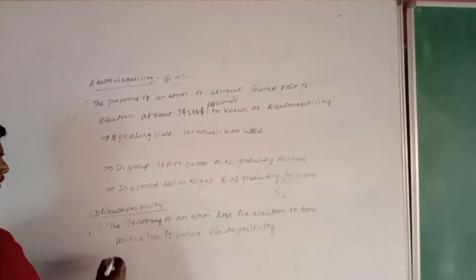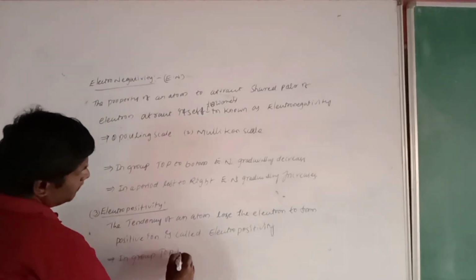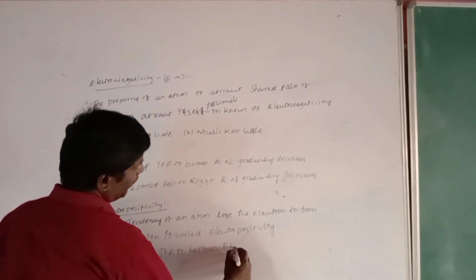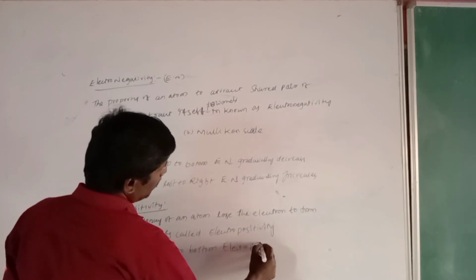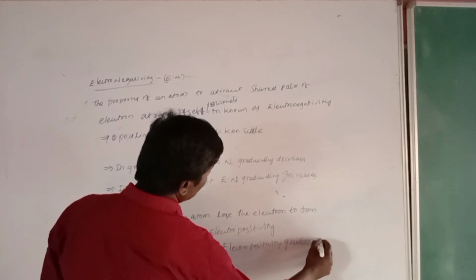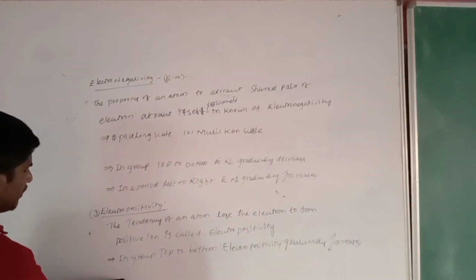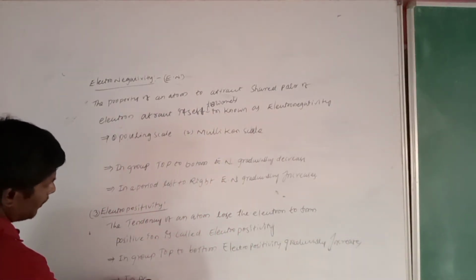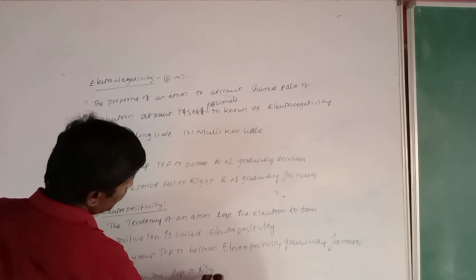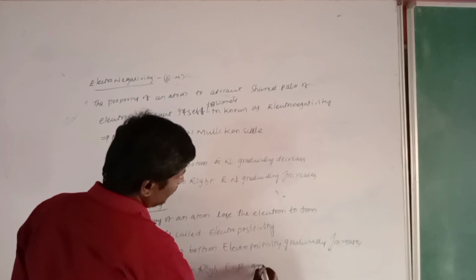Simple. In a group, top to bottom, electropositivity gradually increases, and in a period, left to right, electropositivity gradually decreases.